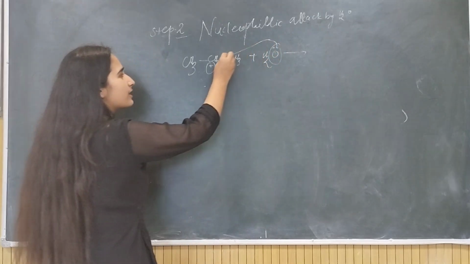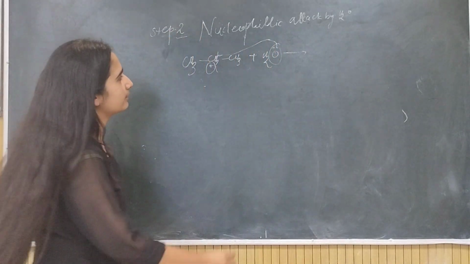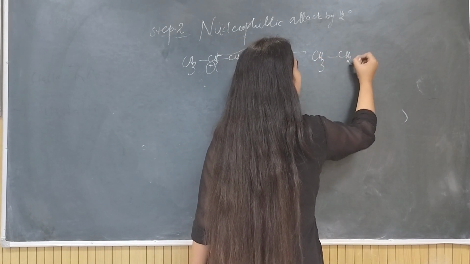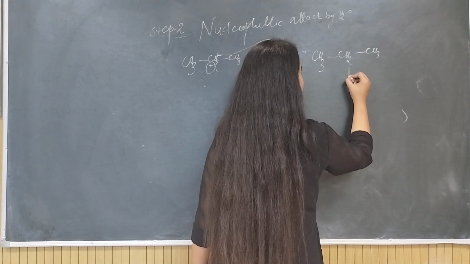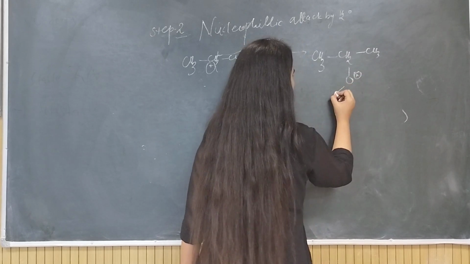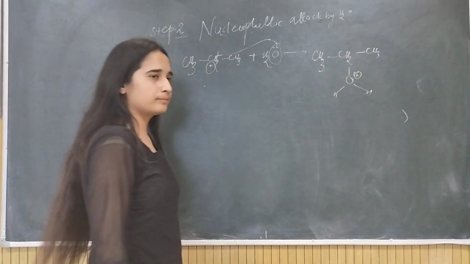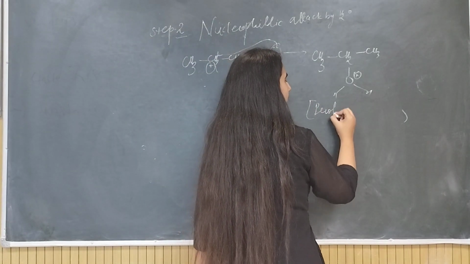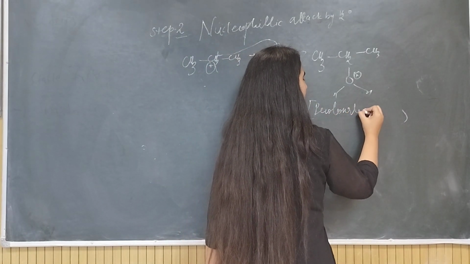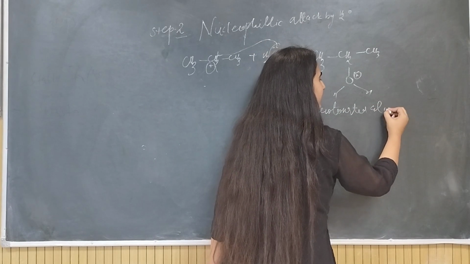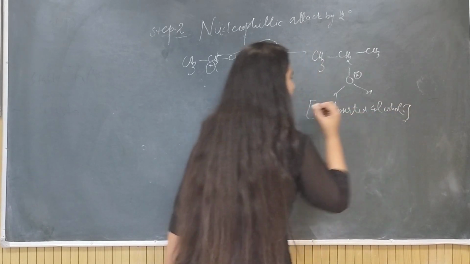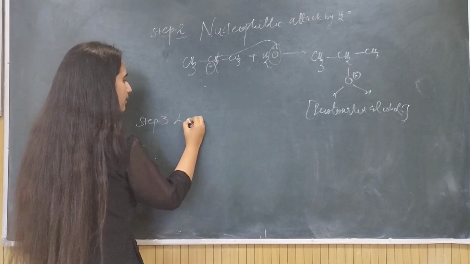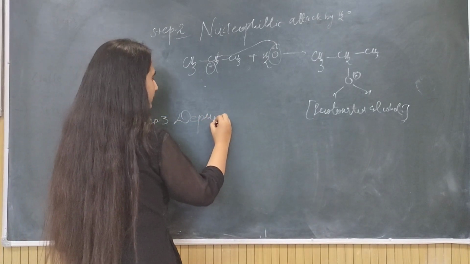The lone pair of oxygen attacks on the carbocation and a protonated alcohol is formed. This species is known as protonated alcohol. In step 3, deprotonation takes place.